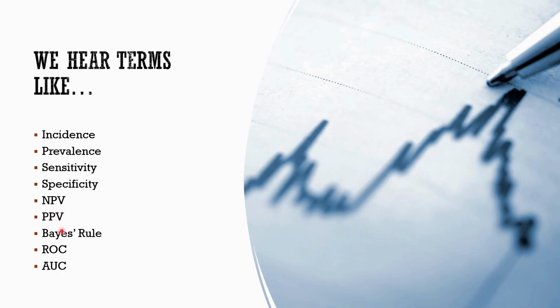The positive predictive value tells us how likely a positive test result truly represents the disease, and the negative predictive value tells us how likely a negative result is truly disease-free. Both depend heavily on the prevalence of the disease in the population. We also use Bayes' rule, which helps us understand how pretest probability modifies the interpretation of a test result.